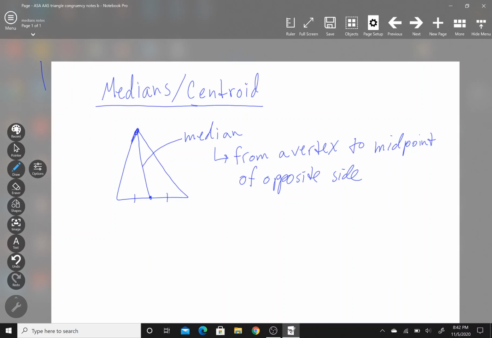Okay, so that's how a median looks. Like I said, it starts at the vertex and it goes across to the midpoint here of this opposite side. And you'll know it's a median because it's bisecting this side over here.